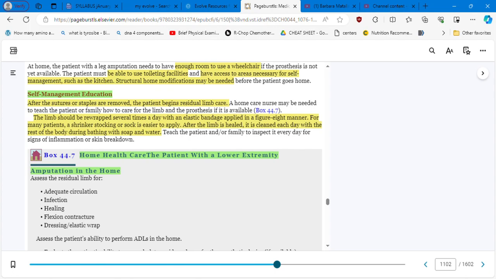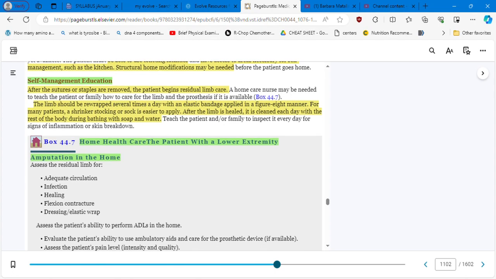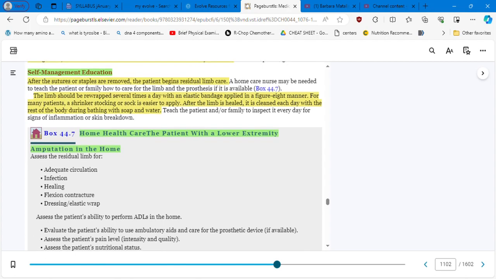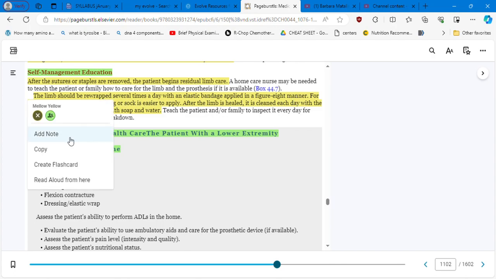Thank you. The limb should be rewrapped several times a day with an elastic bandage applied in a figure 8 manner. This is good to know, nurses, how you are going to educate the patient or provide proper care if you are a home health nurse. Okay, that's good to know.